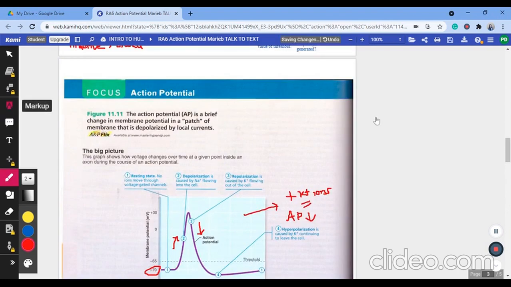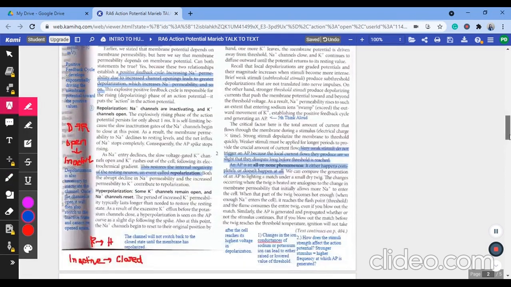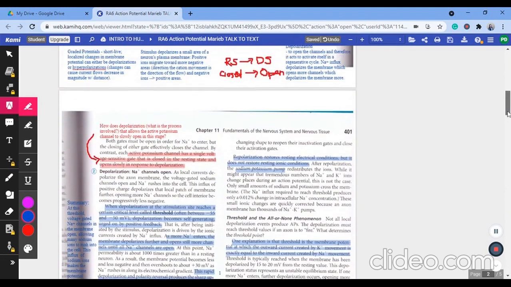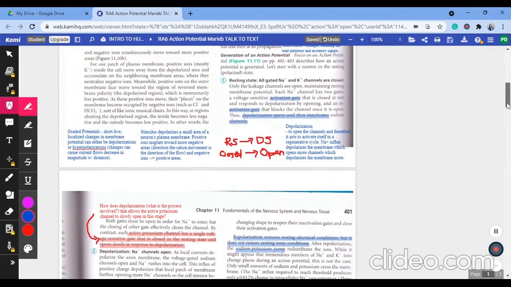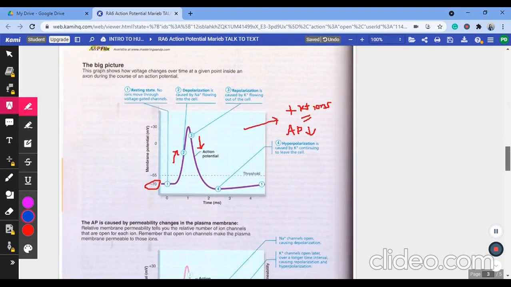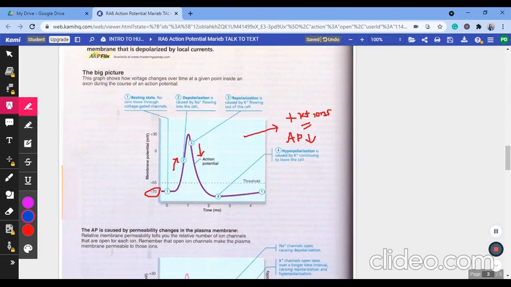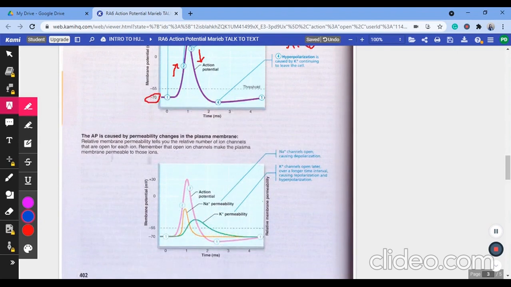Okay, so this is basically what we talked about earlier in the different phases of the action potential. It's pretty self-explanatory, and I think I can understand what this graph means. So the AP is caused by permeability changes in the plasma membrane. Relative membrane permeability tells you the relative number of ion channels that are open for each ion.